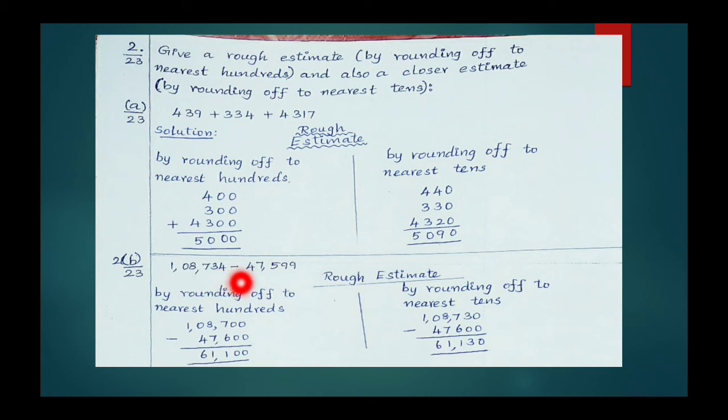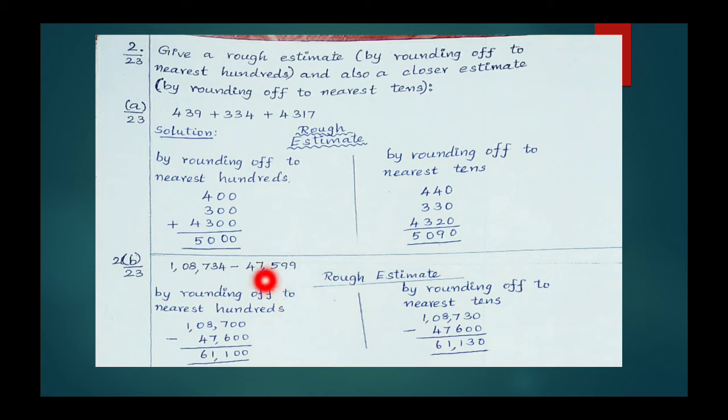1,08,734 minus 47,599. By rounding off to nearest hundreds, consider the 3 digits only. 734 lies between 700 and 800. It is less than 750, so it is rounded down to 700. Okay.